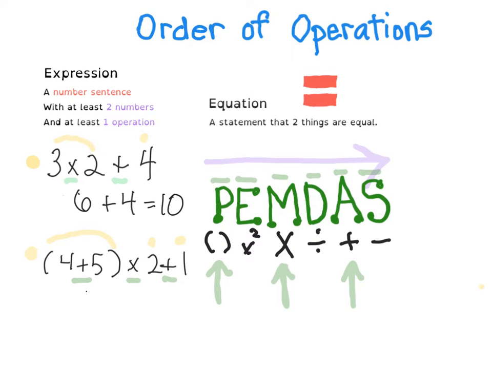We determine the sum in the parentheses first, and then I like to stack my problems so that every part lines up. According to PEMDAS, multiplication would be the next order. 9 times 2 is 18. 18 plus 1 is equal to 19.